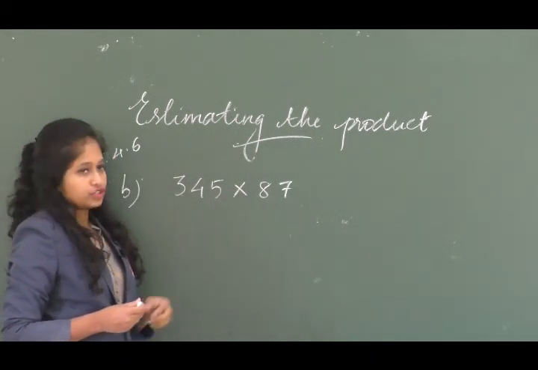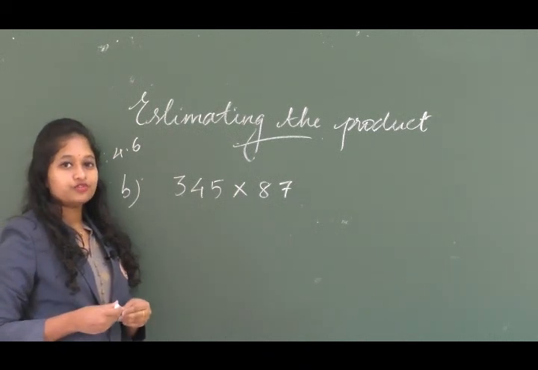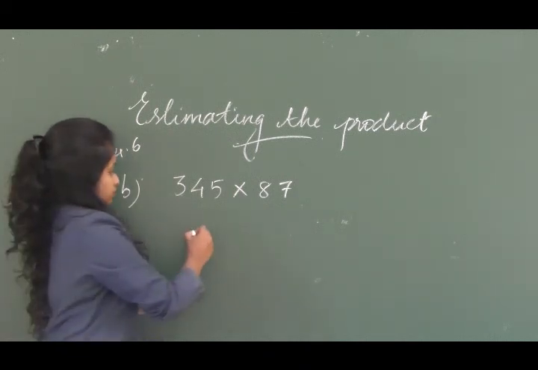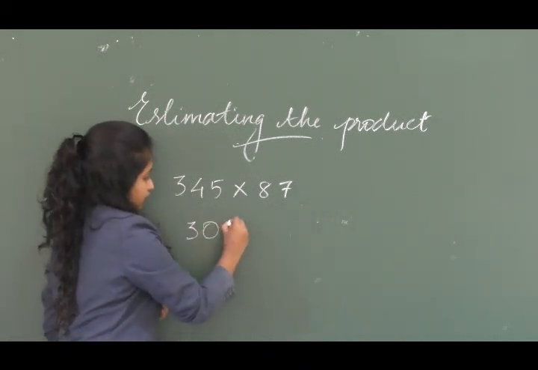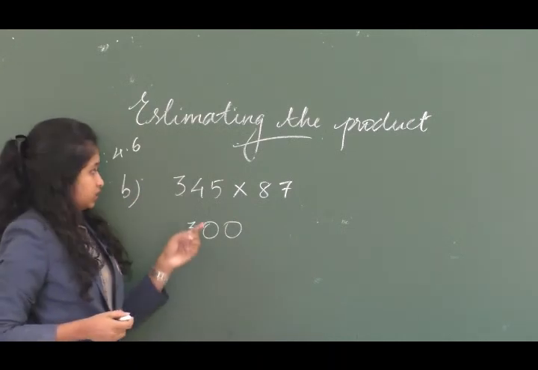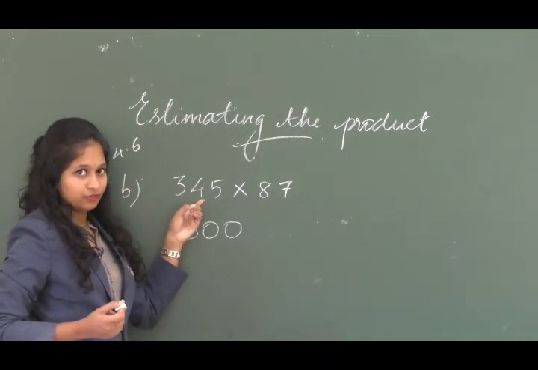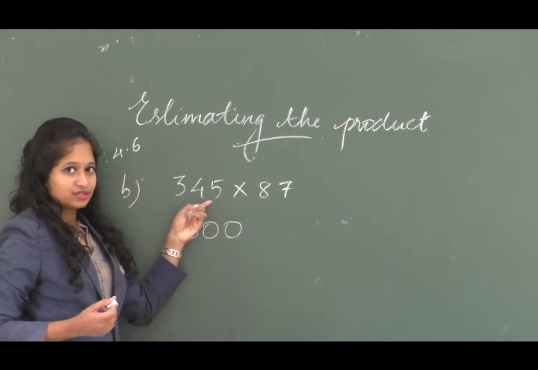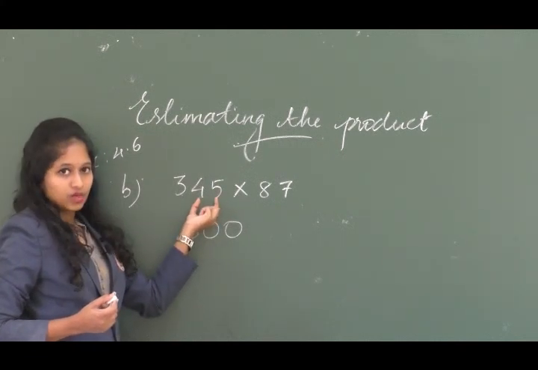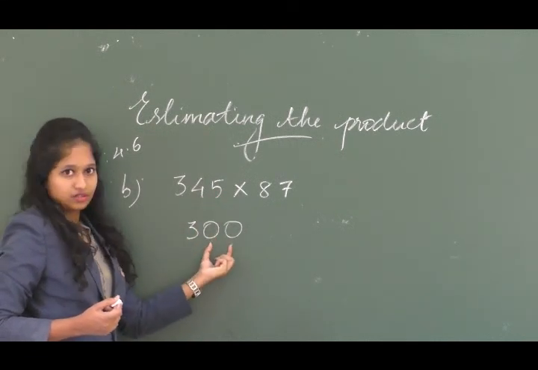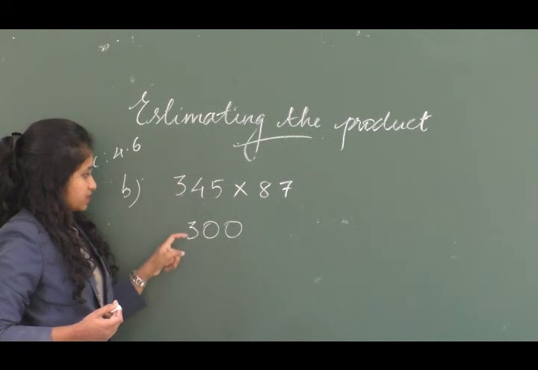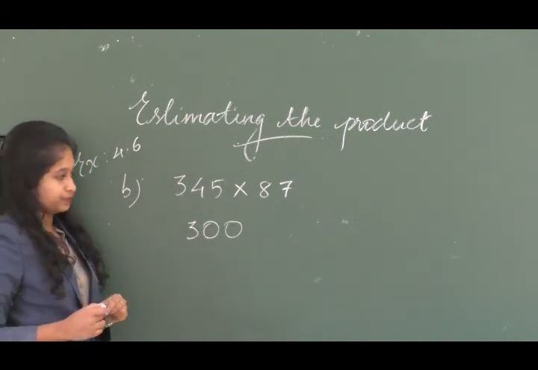So 345 will be rounded off to 300. Why? Because the tens digit is 4, it is less than 5. So we have to replace both ones and tens place with 0 and the hundreds place remain the same.